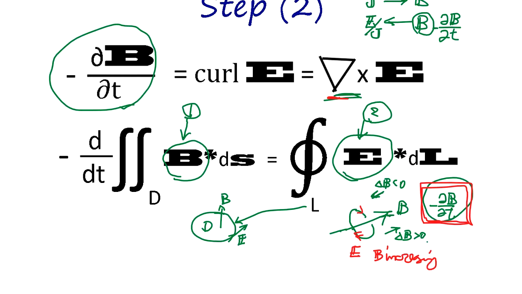So that's what we have to work on, because changing B generates E, but how much E does it generate? The same problem exists with Maxwell's other equation, Ampere's law.